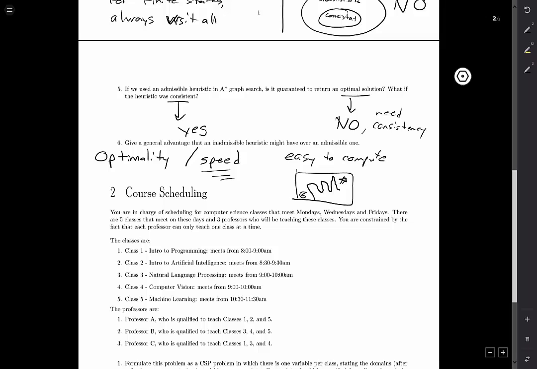So one approach would be to do uniform cost search and expand all the nodes, and you'd find the star. Or you could come up with an H that helps you find a path there. Actually, sorry, it might be suboptimal, but it would speed up your search and you would find the goal faster. So if this heuristic is inadmissible but helps you get more speed, it might be advantageous.